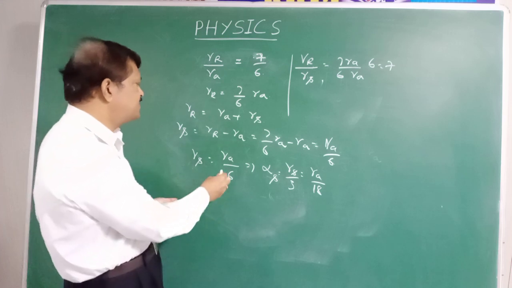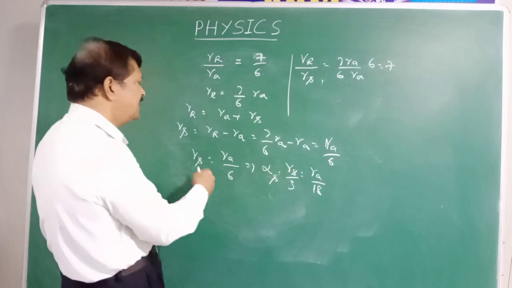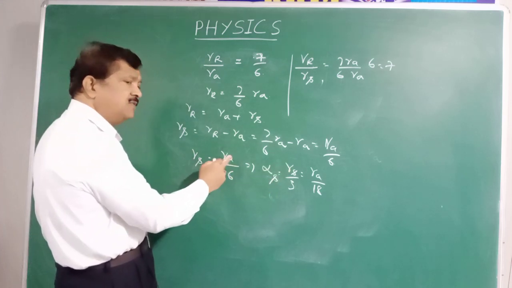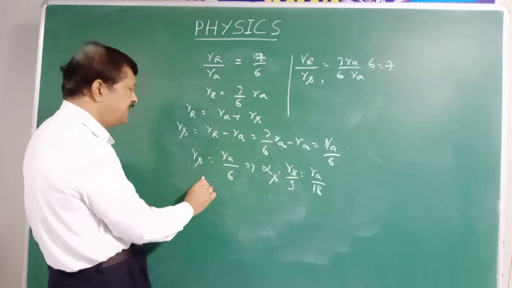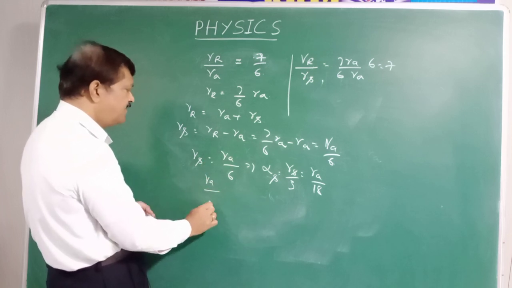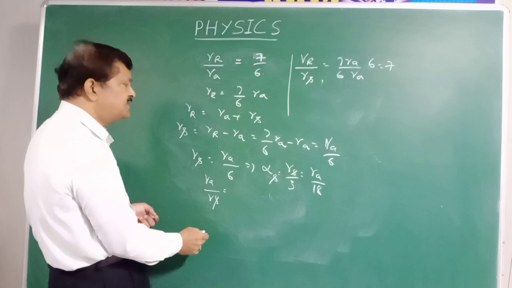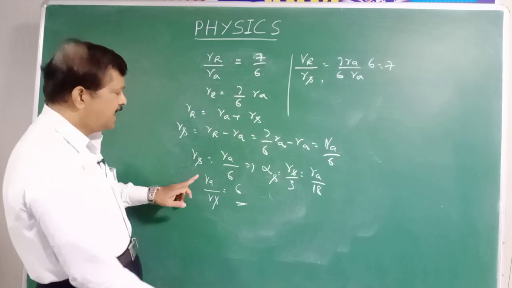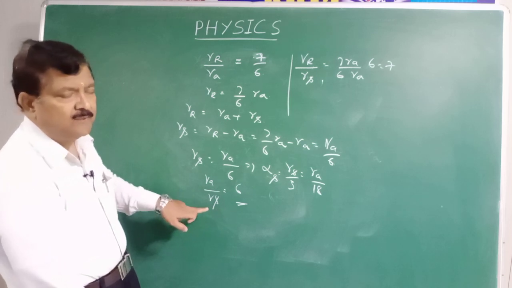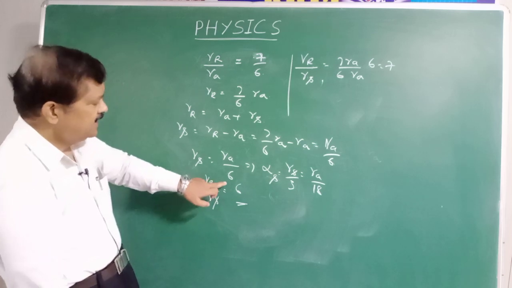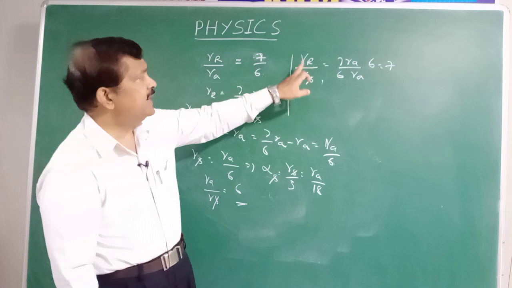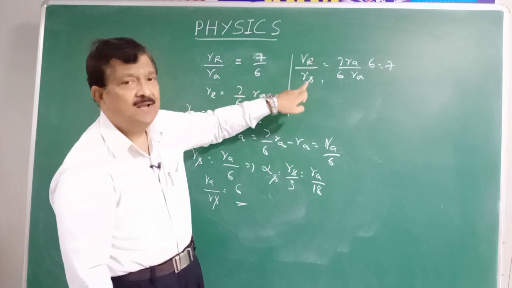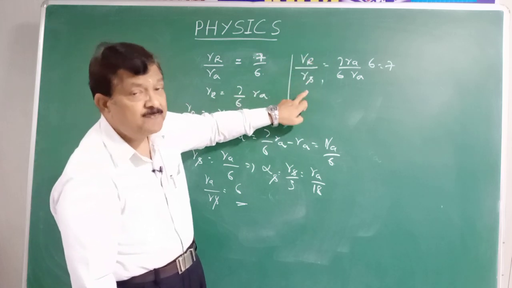Already here, the ratio of the apparent expansion of the liquid and the volume expansion of the container is gamma A divided by gamma S. If you consider, it is very clearly 6 here. So you get the ratio of apparent volume expansion to the volume expansion of the solid. You are also getting the ratio of the coefficient of real expansion and the coefficient of volume expansion of the container.